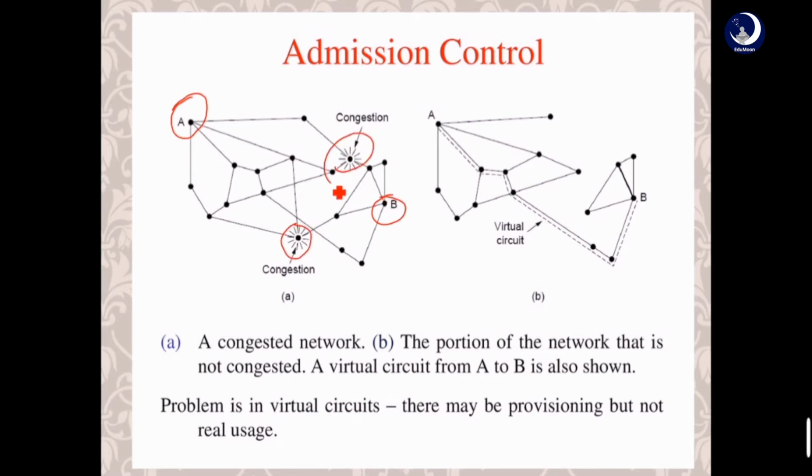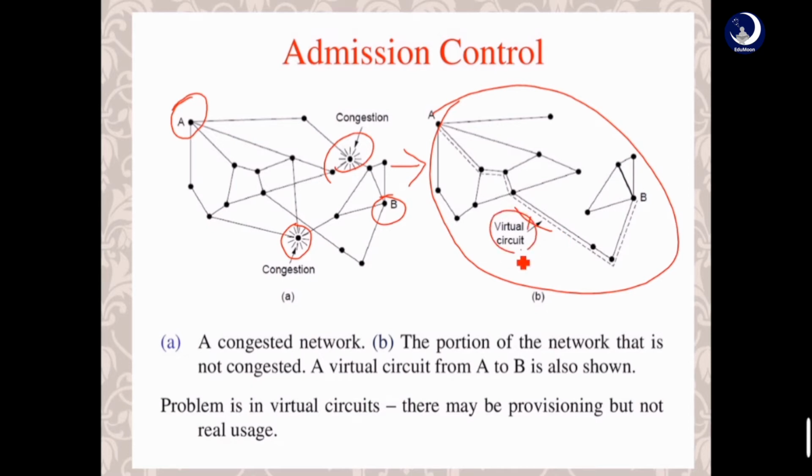To avoid this situation, we can redraw the network by omitting the congested routers and construct a new path, shown as a dashed line. This is the virtual circuit. If it transfers along this path, the congestion will be minimized. This is nothing but admission control.